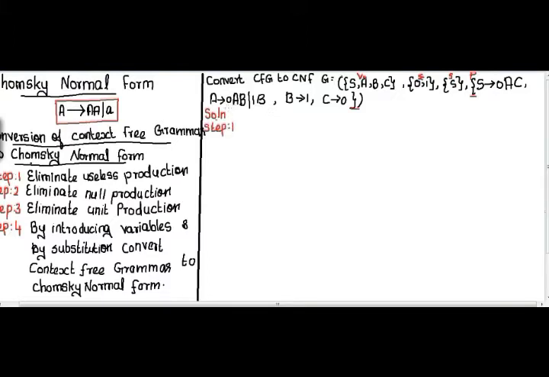So I'm going to check whether there is any useless production in this grammar. While finding useless production, I always have to start with the start symbol. In this example, I have S as the start symbol and I have only one S production. So I'm going to start with S tends to 0AC. I'm going with leftmost derivation.